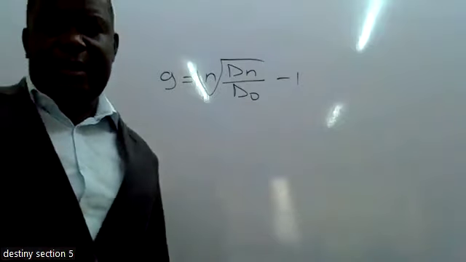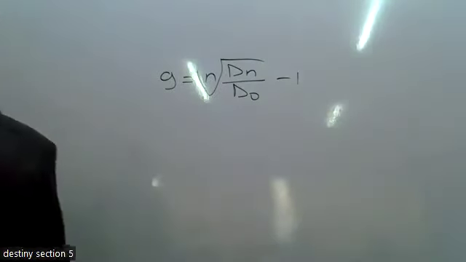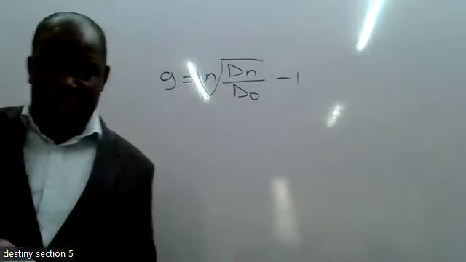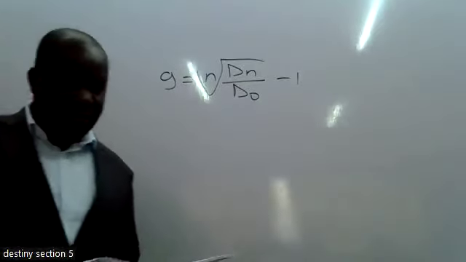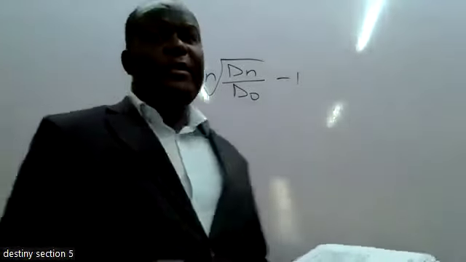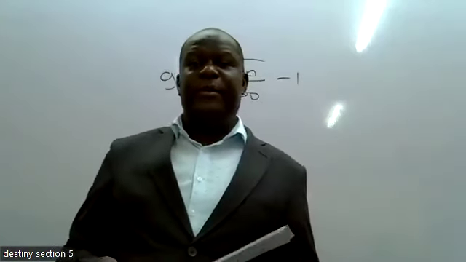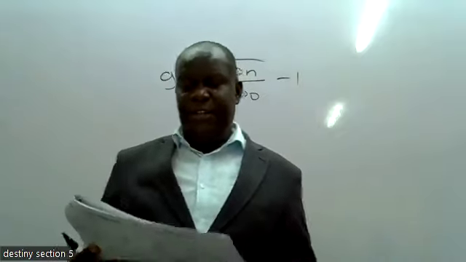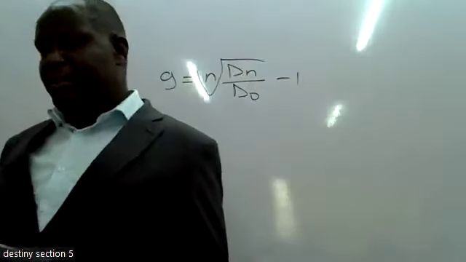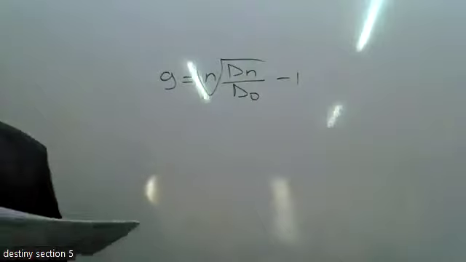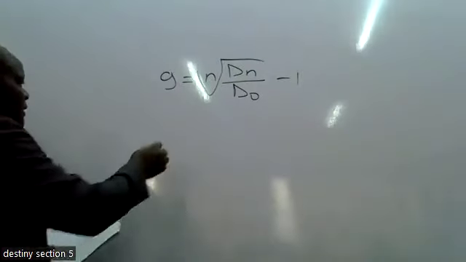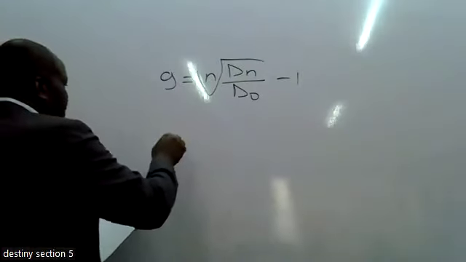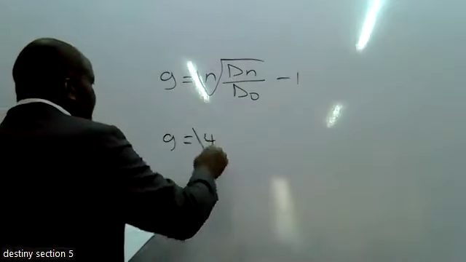So we go back to note number 1. We said that 2016 will be D0, then 2017 will be D1, D2, D3, and D4. So n will be 4.